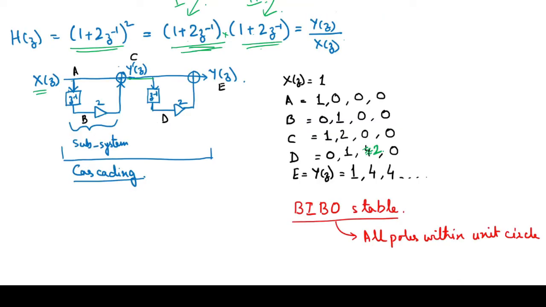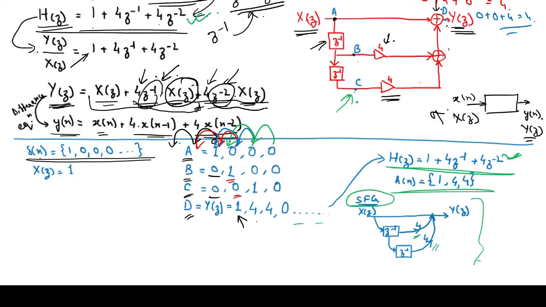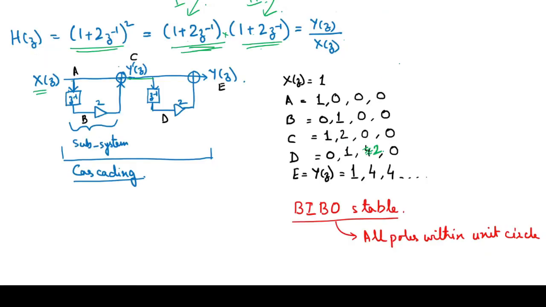I have shown you how to calculate this impulse response. For the first filter and for this second realization, both are the same filter. But in the second realization, you find out the impulse response on your own.